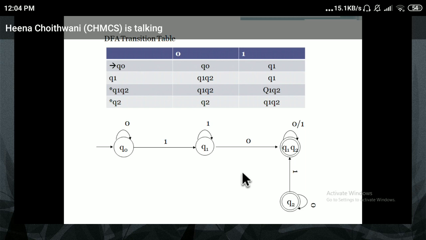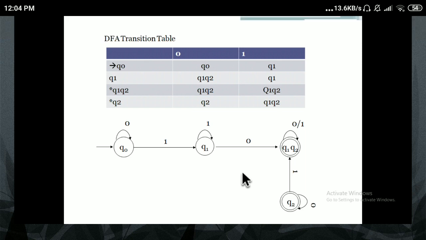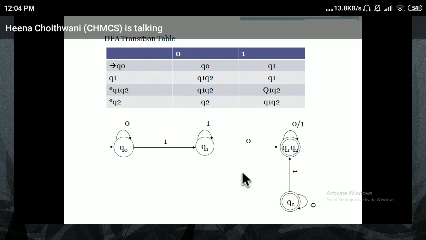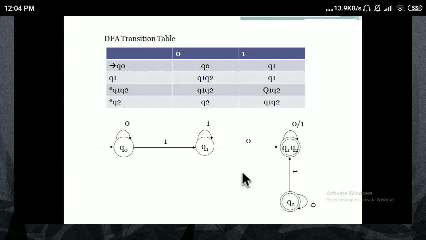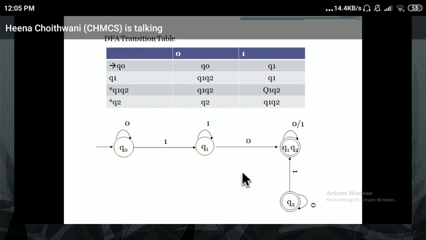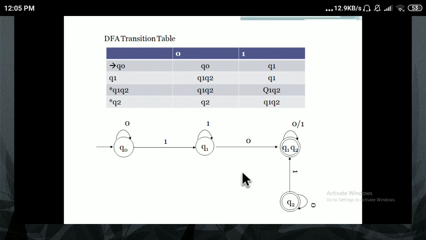So such states are known as what? We have discussed this term. Can anybody tell me how we address Q2? Can we reach Q2 through the initial state?